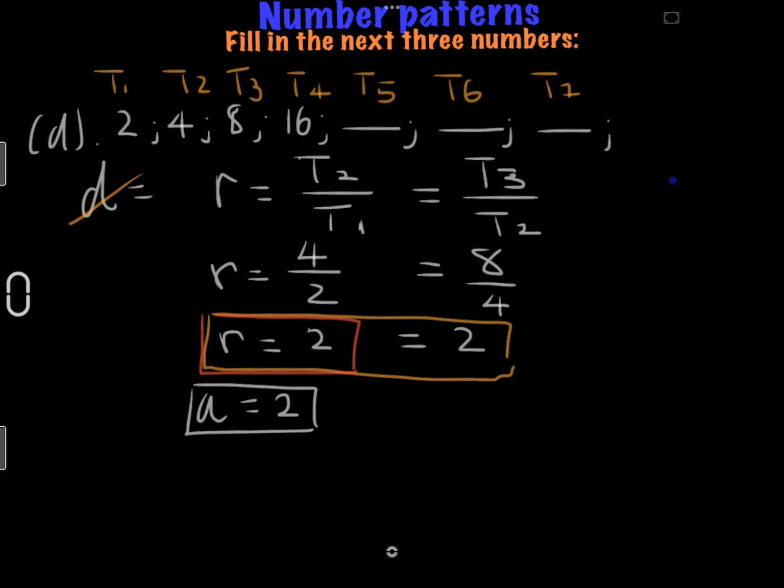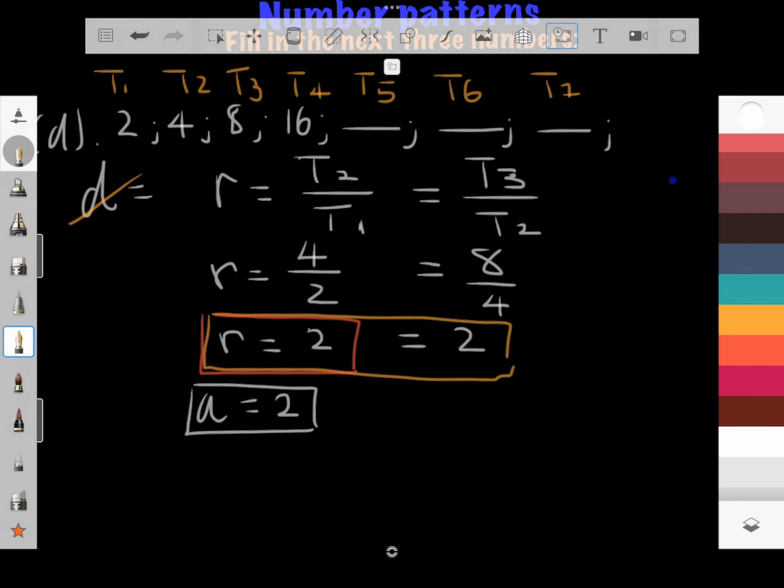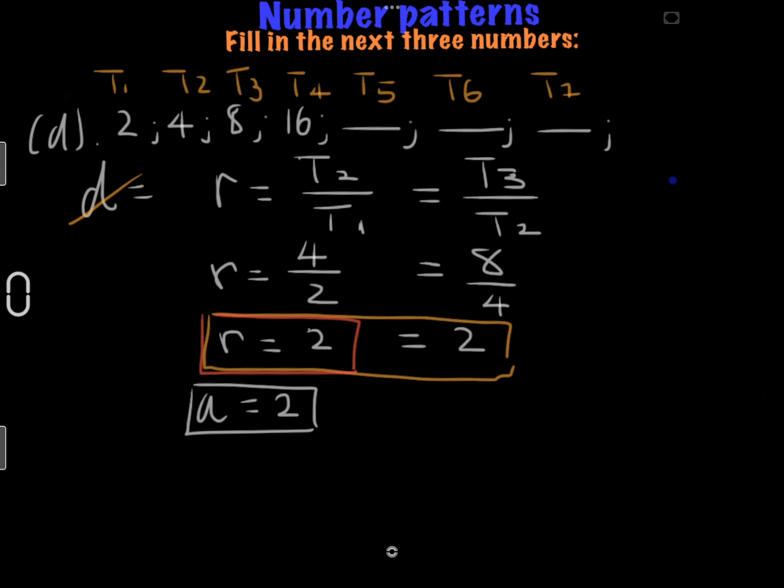Just to prove our conception, T1 is equal to A, and A in this case is 2. We clearly agree with that. A is our first term, and it's 2.